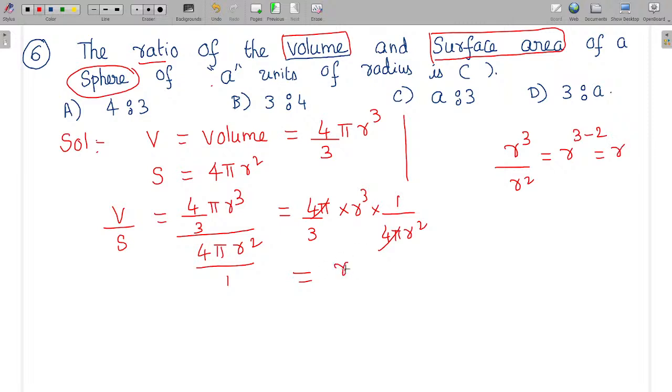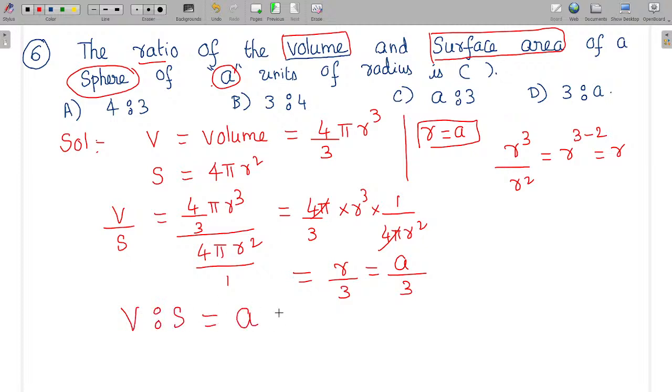So we have r upon 3. But radius is how much given? Here r is equal to a given. So instead of r, write down a upon 3. So therefore V is to S, volume is to surface area, is equal to radius is to 3. So this is our answer, A is to 3. So C is the right option. Yes, absolutely correct, Syed. You are doing wonderful job.